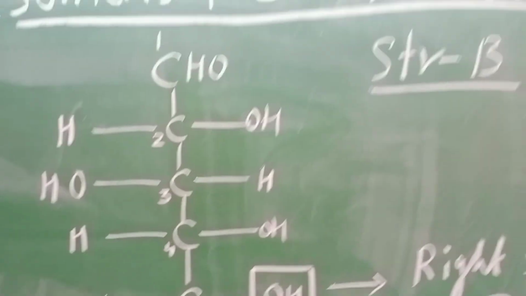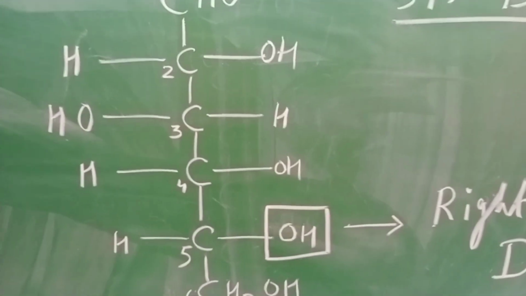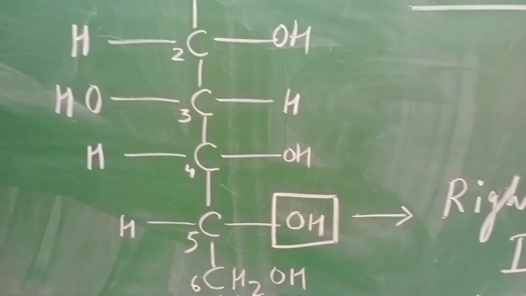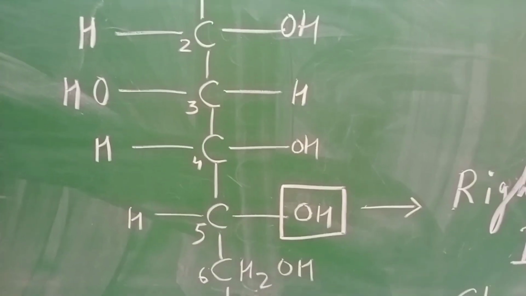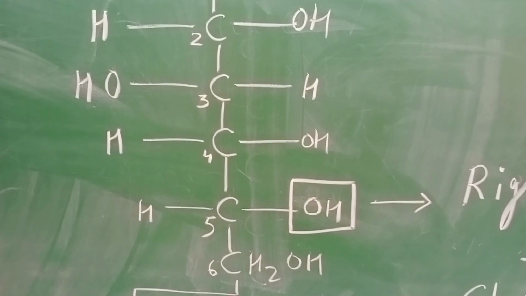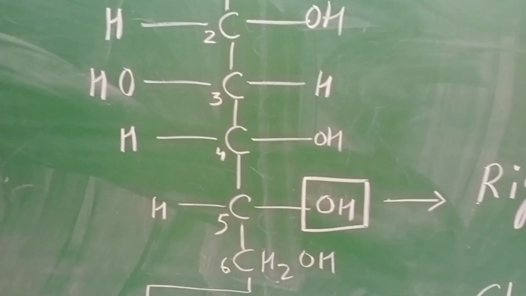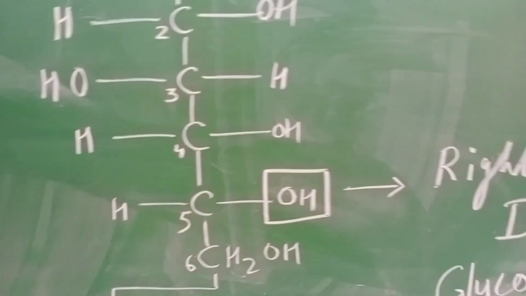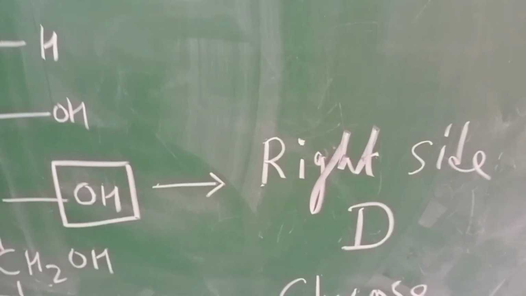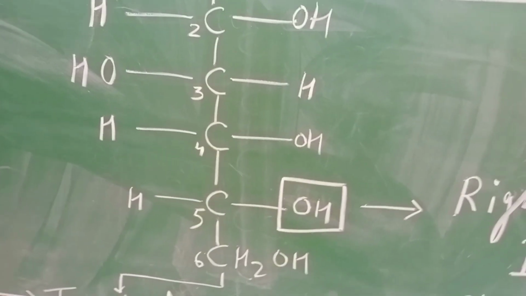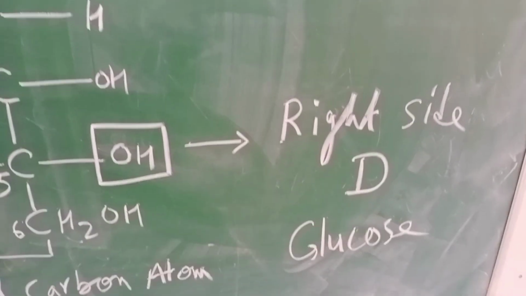So in structure B, the hydroxy group on the 5th carbon atom is present on the right side. This structure B of glucose represents the capital D isoform, and hence this molecule of glucose is said to be D glucose.